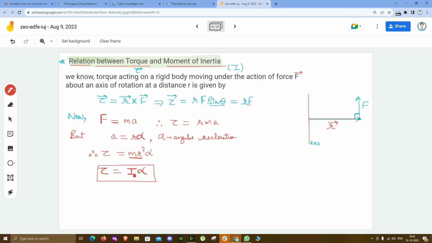In the same way, moment of inertia I is the rotational analogue of mass. So these two things play the same role in the rotational field. Now F is equal to ma; in rotational motion you will write it as torque tau is equal to I alpha.